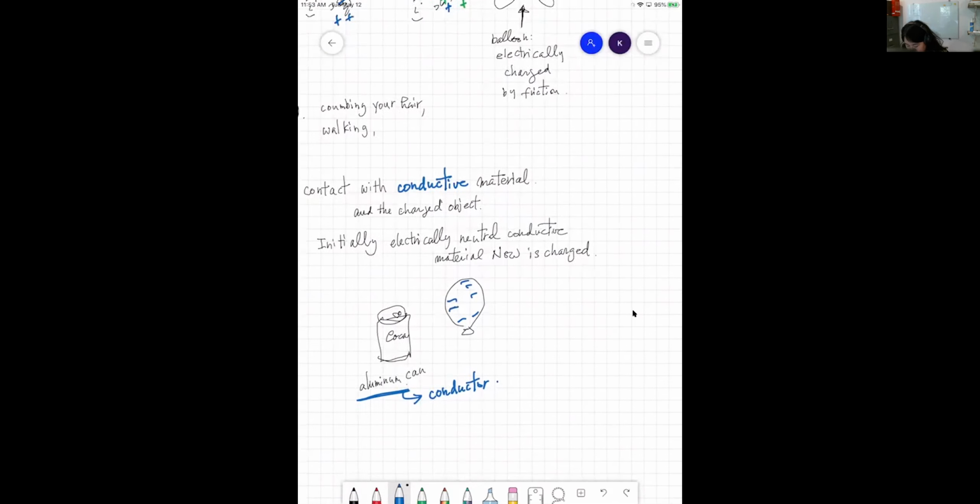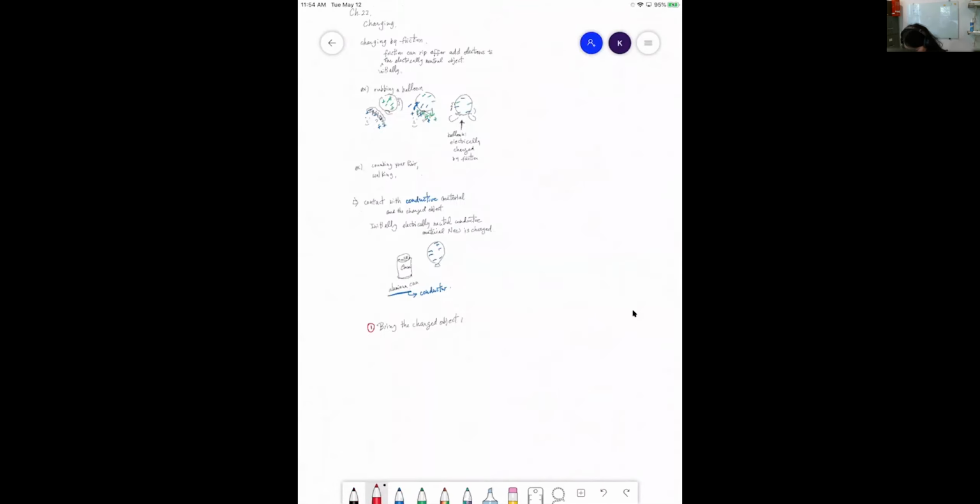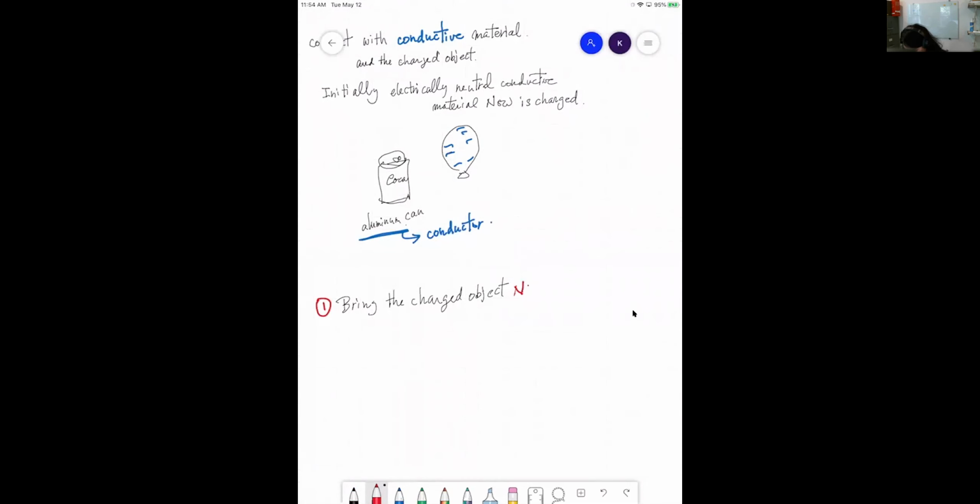What happens? Actually, even before it touches, step one, bring the charged object near the conductive material.